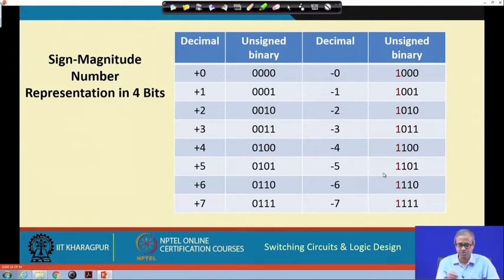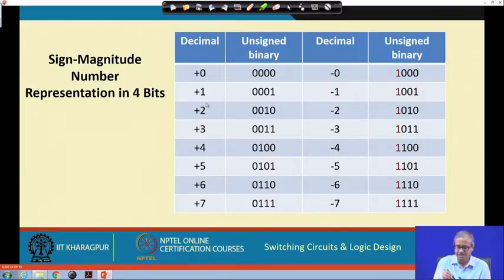So, this table shows you the sign magnitude representation in 4 bits. If it is 4 bits, you see the first column represents the MSB, most significant bit is 0, which means the numbers are positive, and the last 3 bits indicate magnitude. 0 0 0 is 0, 0 1 1 is 3, so on, 1 1 0 is 6, 1 1 1 is 7, and the second column indicates where the most significant bit is 1. 1 indicates the number is negative, but the magnitude is again ranging from 0 to 7.